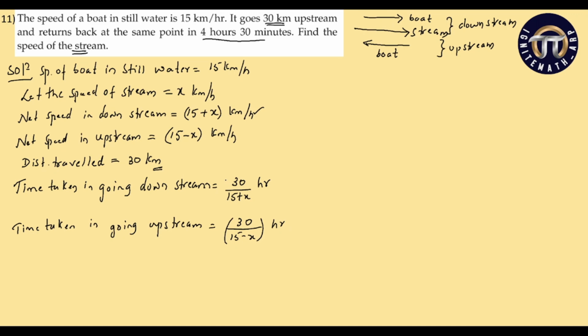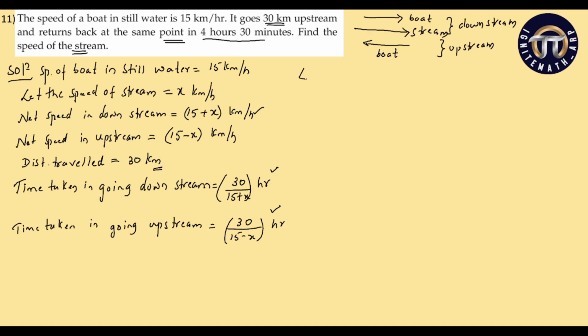This is the time taken in going upstream. So now, because he is getting back to the same point, time taken in the downstream plus time taken in the upstream, both together, is 4 hour 30 minutes.